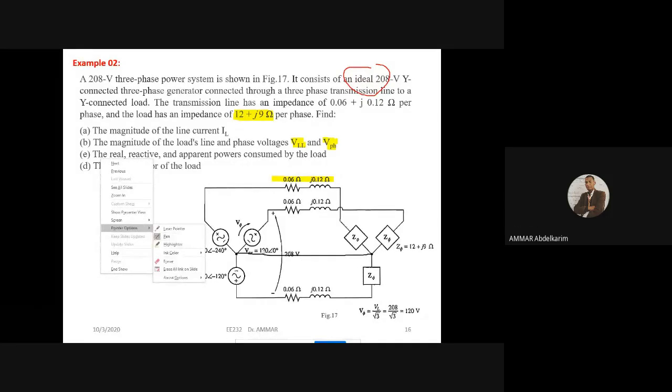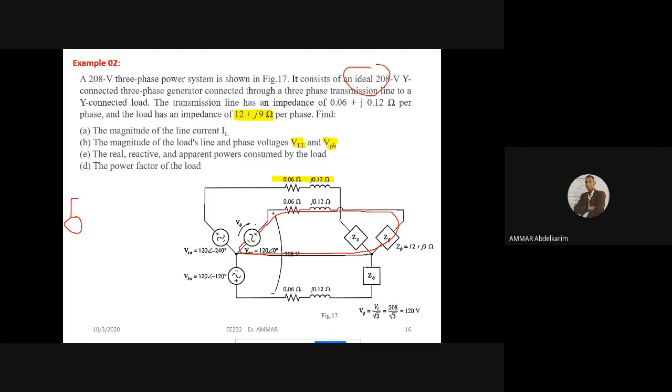So we take one of these phases. Let's take the first phase. The phase has the source, V phase, passing through the line impedance, ZL for example, and we have the load here, Z phase.